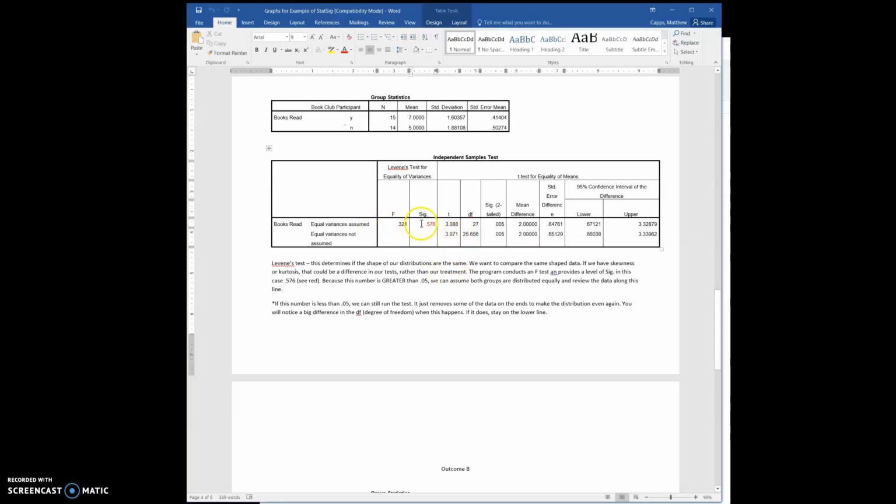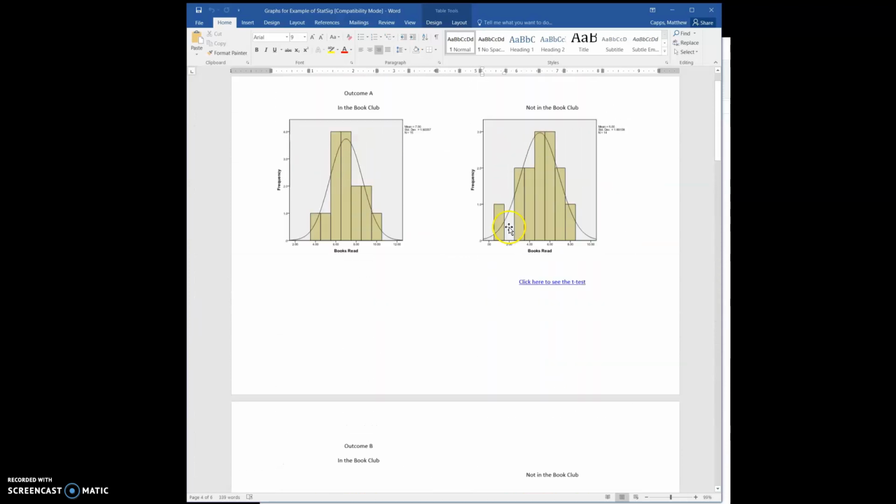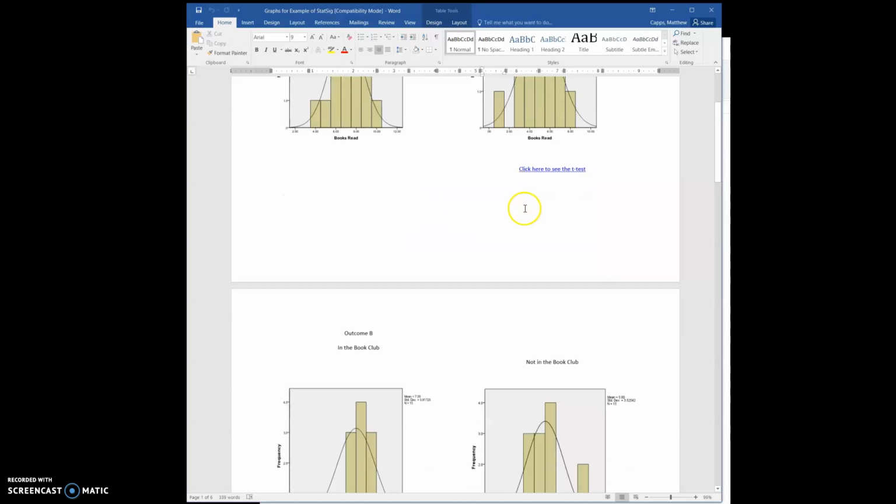In this situation, we're going to assume that they're distributed evenly. So here, we see that there is a significant difference. It's less than 0.05. That means that in situation A, yes, there really is a difference between being in the book club and not being in the book club.